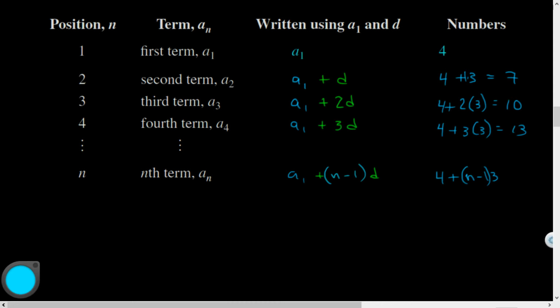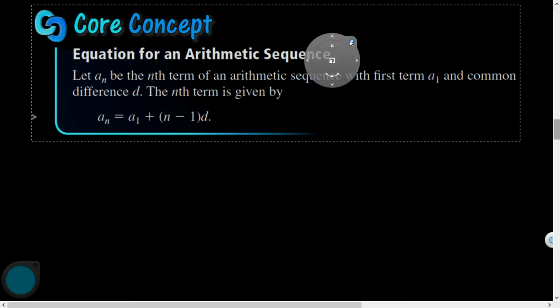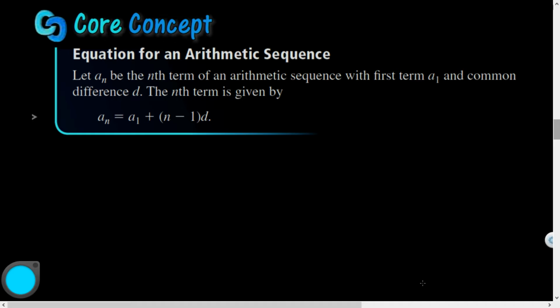Now, why is that formula beneficial? Well, if I wanted to find out the 100th term in a list or the 1000th term in a list, I wouldn't want to have to sit there and do the work over and over. And I know I showed you guys how to use spreadsheets earlier. You could technically train a spreadsheet to do it pretty quick, but why not use a formula?